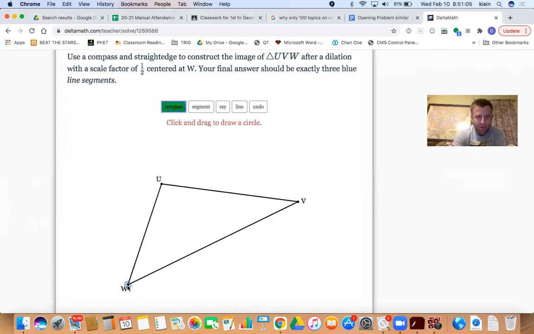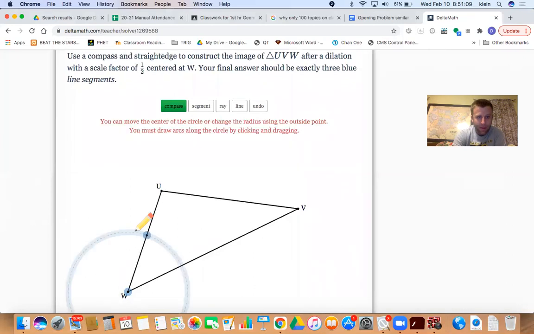We've done this before, finding the midpoint using the compass. And we draw an arc. Oops, didn't draw big enough. Draw another arc. I need to make this arc over here a little bigger.